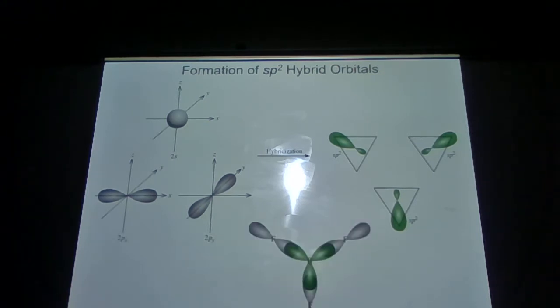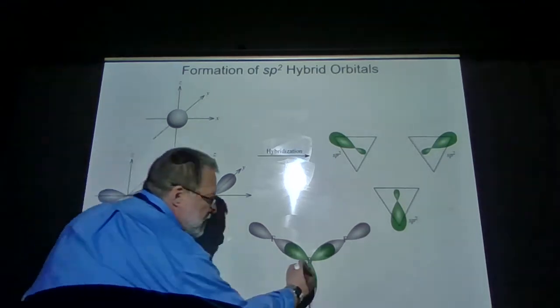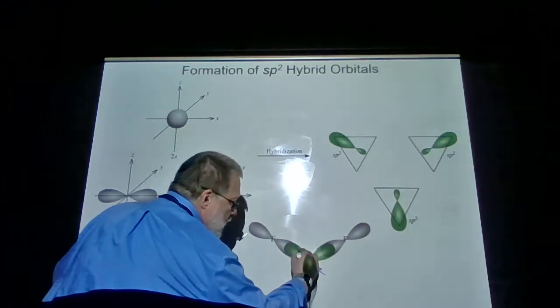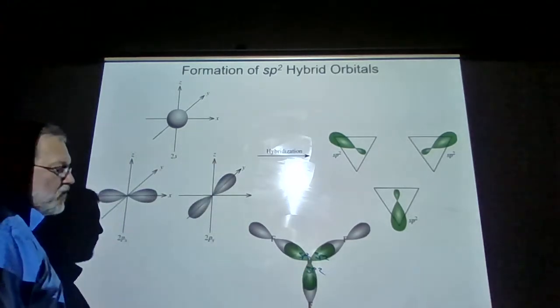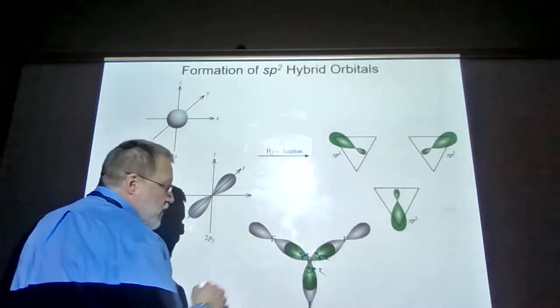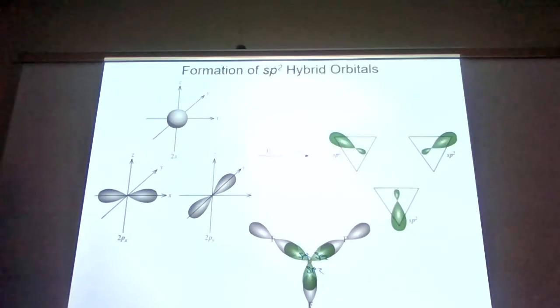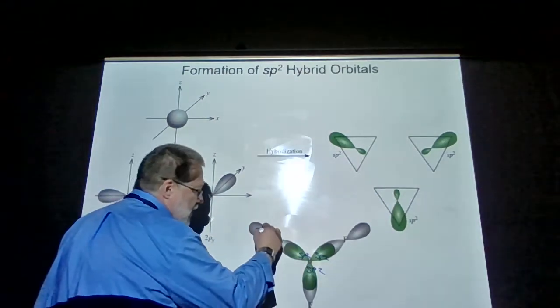So here's where we see BF3. This is an sp2, sp2, sp2 hybridized set of orbitals. This fluorine is in row 2, and this is an unhybridized 2p.